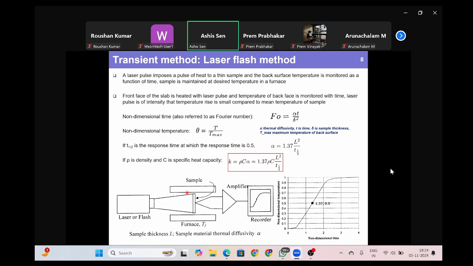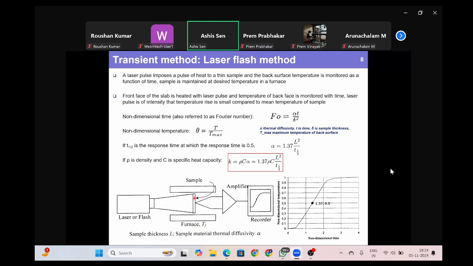Now, this is the last method that we will talk about in thermal conductivity measurement. Here you use a transient method, and the setup is shown here.